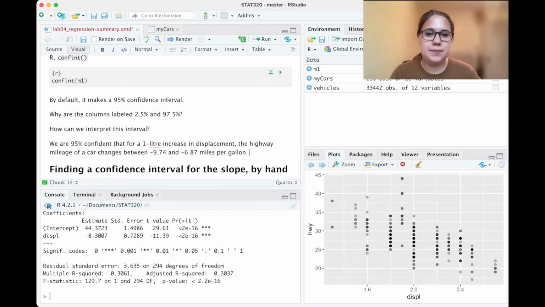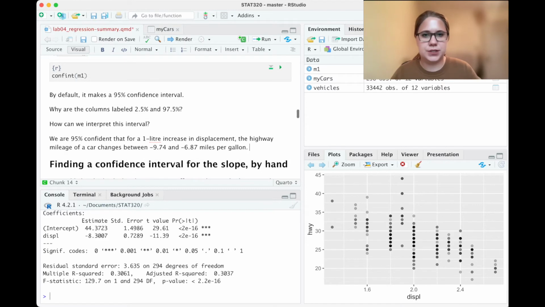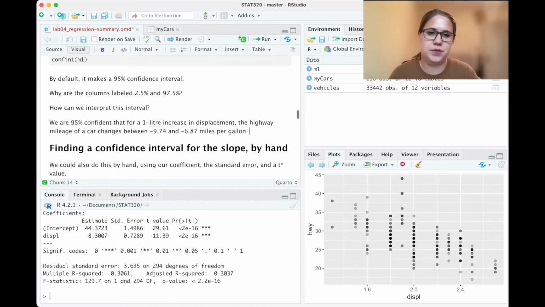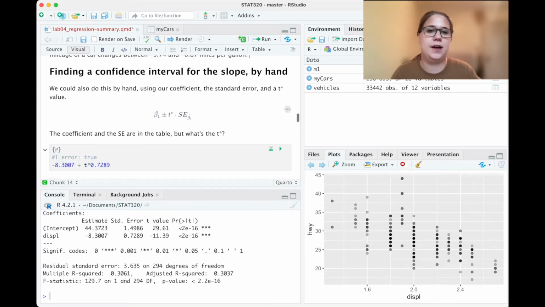But sometimes I'm not as nice, the book's not as nice, the world is not as nice as to let you make the model and then use the confint function. So there's also a way to find the confidence interval for the slope by hand. And the way that we do this is always our point estimate plus or minus something that depends on the distribution times the standard error.